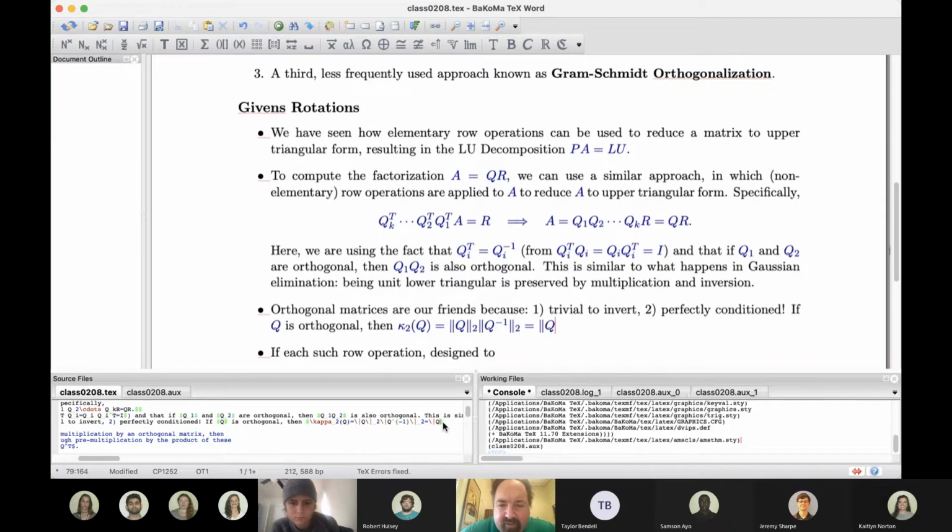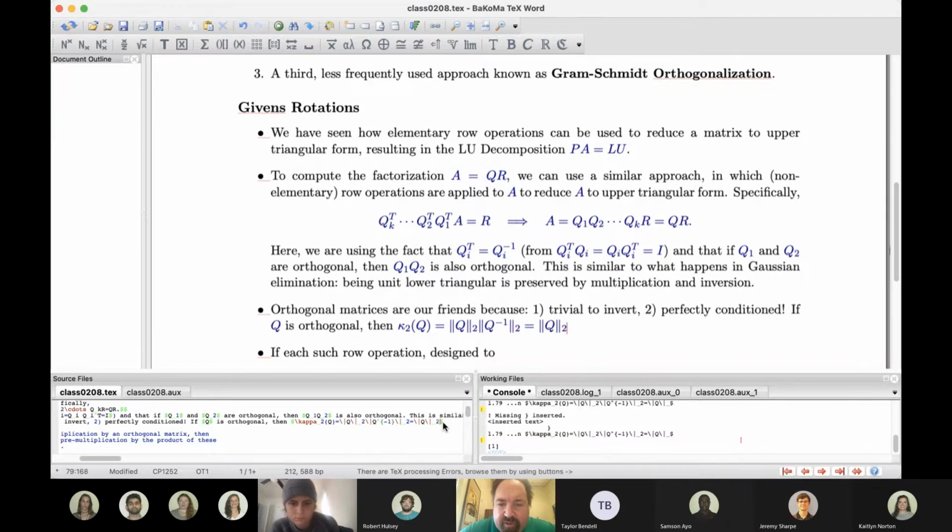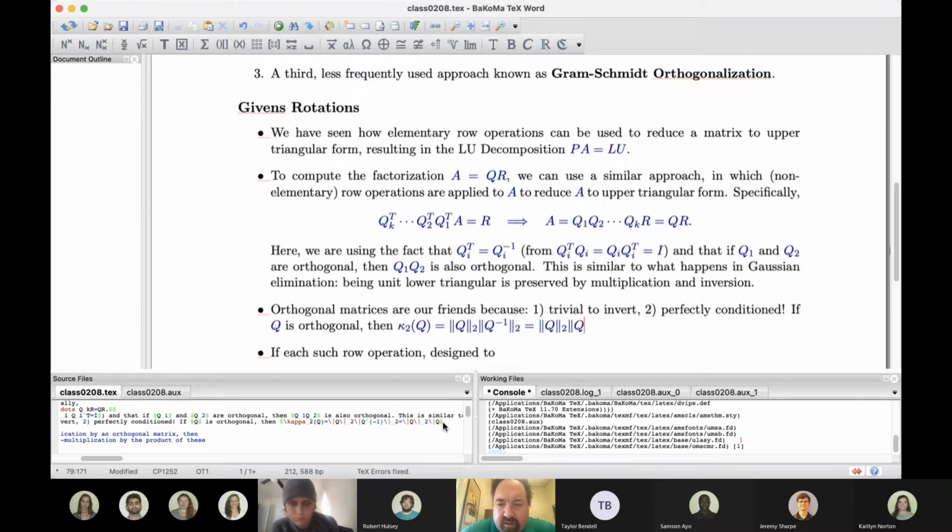But that's the same as the 2 norm of Q, the 2 norm of Q transpose. And I don't have the time to show this here, but at least with a 2 norm, the norm of the matrix is the same as the norm of its transpose. It's actually 1.